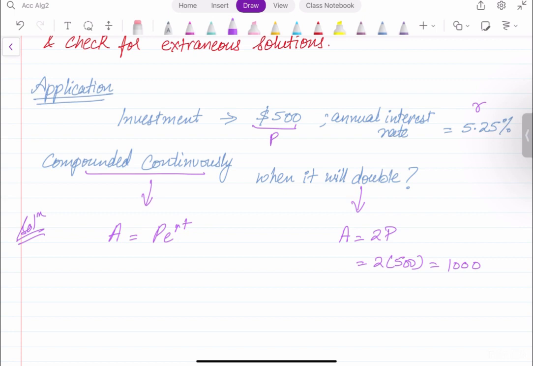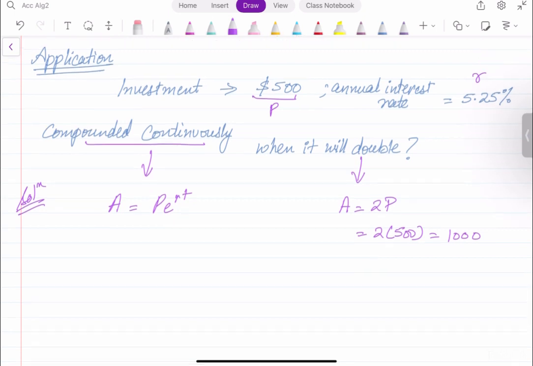So let's put everything back in the equation. We know r, we know P, and we also know what is A. So 1000 is equal to 500 times e to the power of 0.0525 times t, because we don't know t yet.